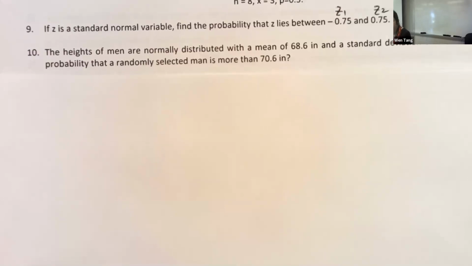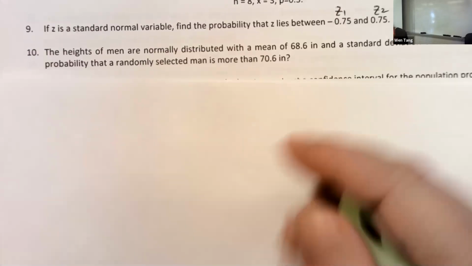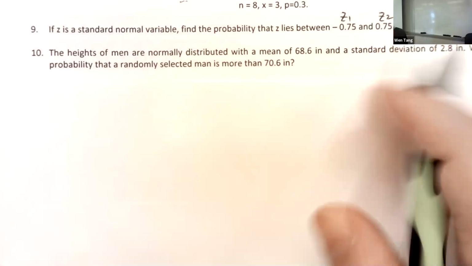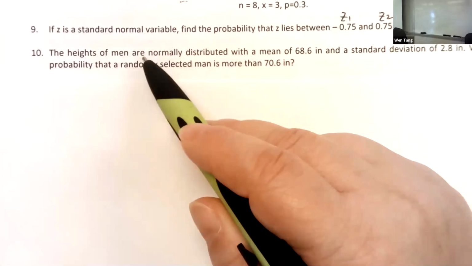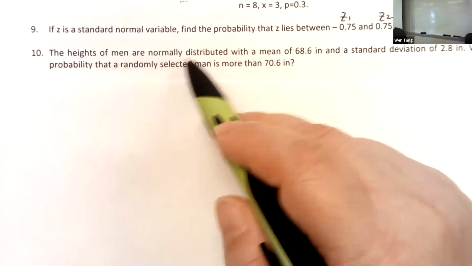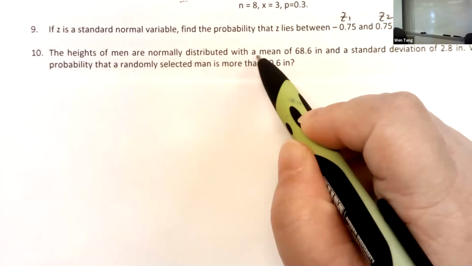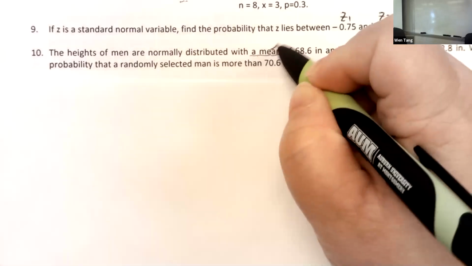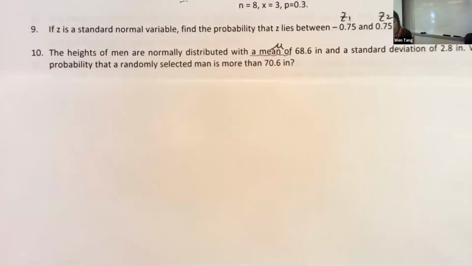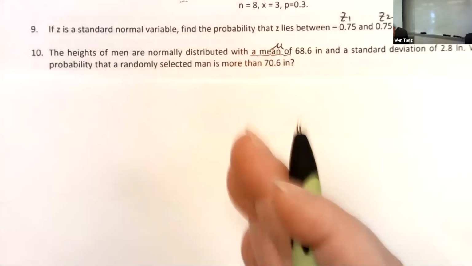We have the heights of the men we're talking about, and we know the population. The heights of the men are normally distributed. And we know the mean value. So here it's from the population. The population is also normally distributed.